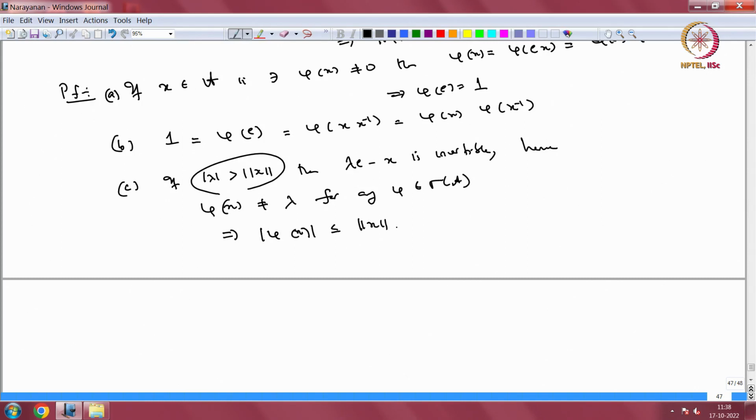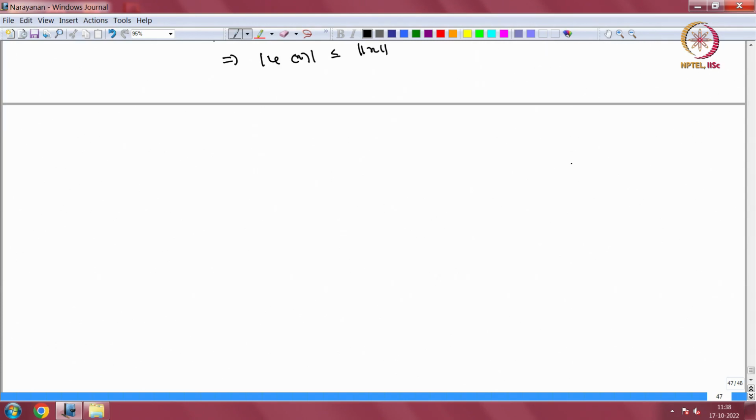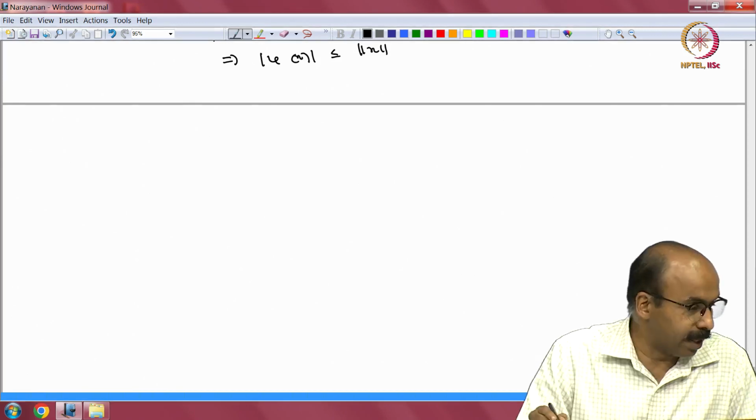If the value is outside the ball of radius norm x, then it can't be a value of phi, that is what we have just proved. Okay. So, these are sort of straightforward results using the property that phi is multiplicative.